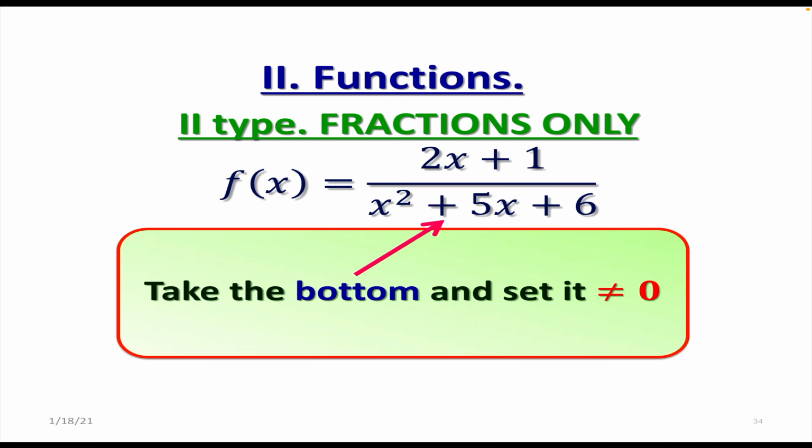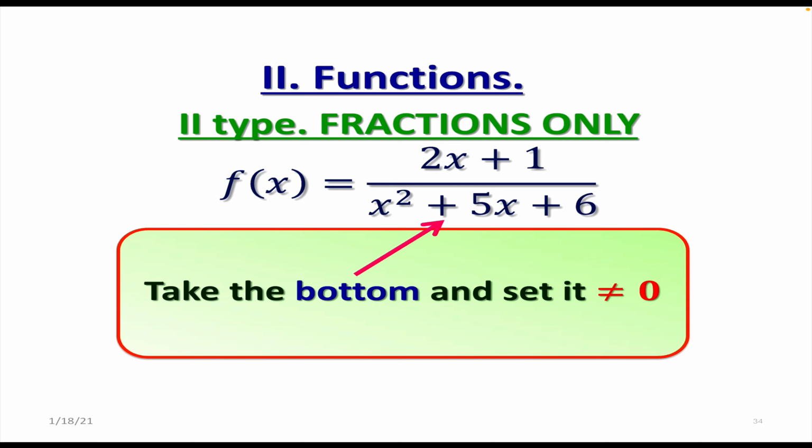Now, let's figure out how to find the domain of algebraic fractions or rational functions. Say we have the function f of x equals x plus 1 over x squared plus 5x plus 6. Keep in mind that your algebraic fraction is defined for all real values of x except those values of x that make your denominator, the bottom, equal to 0.